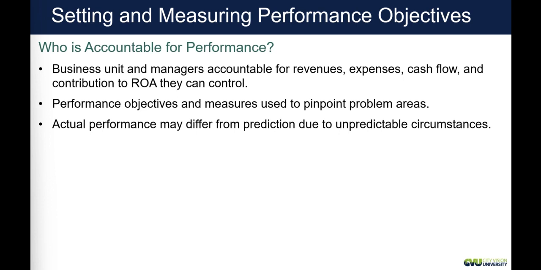It can also help you see things you just didn't know about, unpredictable circumstances, like surprises. It's a huge area. So when we set these performance objectives, they're really important, and they can highlight a lot about what's going on within the company.